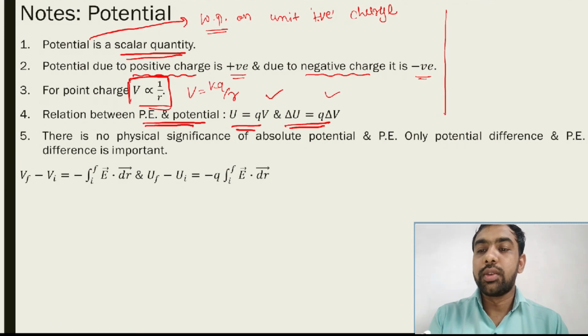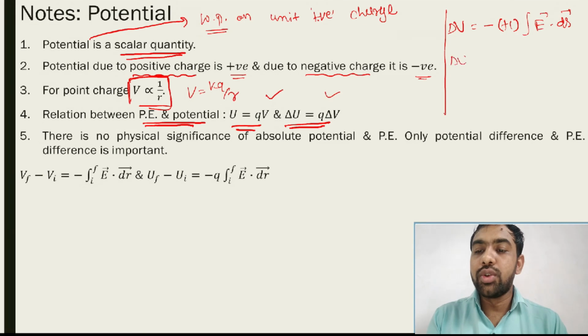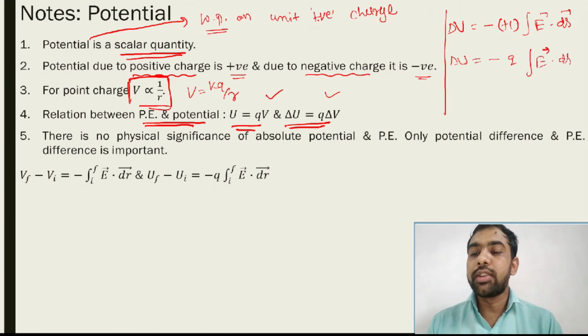So delta V is equal to minus, plus 1 coulomb, integration E dot dr. And delta U is equal to minus Q integration E dot dr.